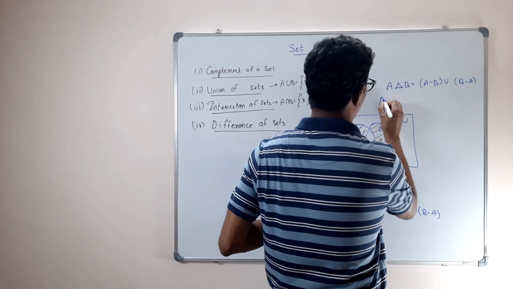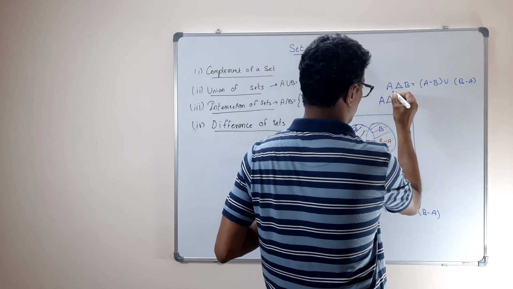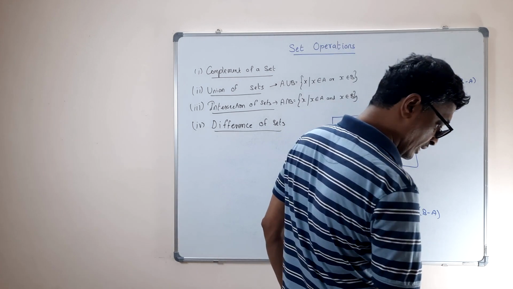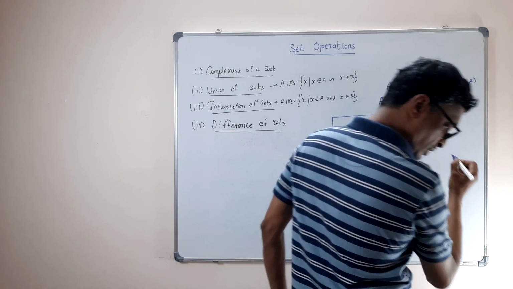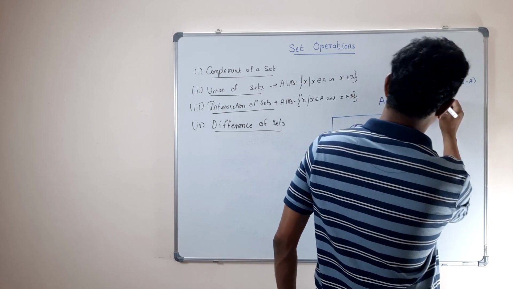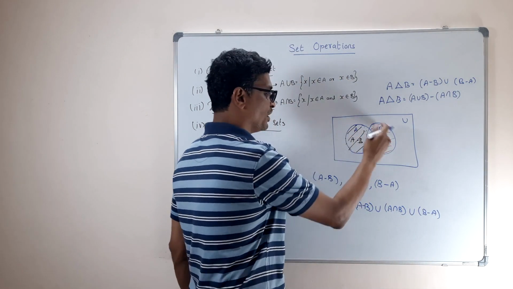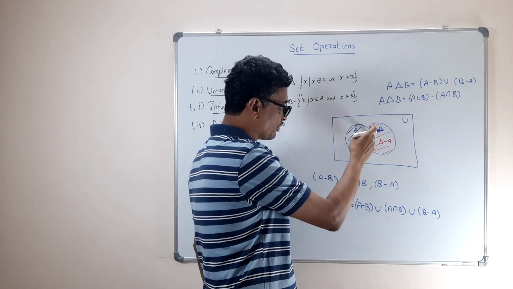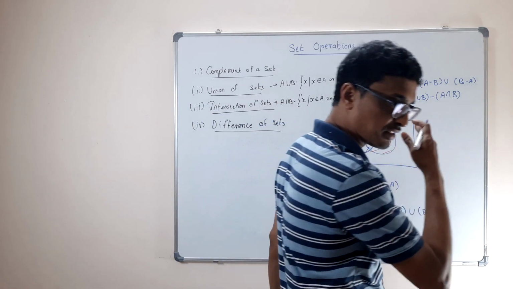The symmetric difference of the sets A and B will be equal to A union B minus A intersection B. That is simple. Because A union B is the whole thing, A intersection B is this one, and minus means you just subtract them. So you get the symmetric difference of A and B.